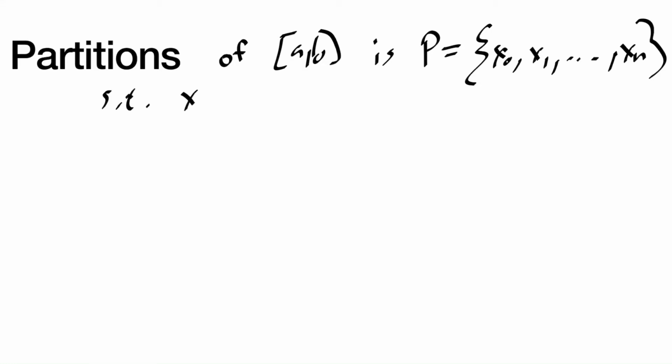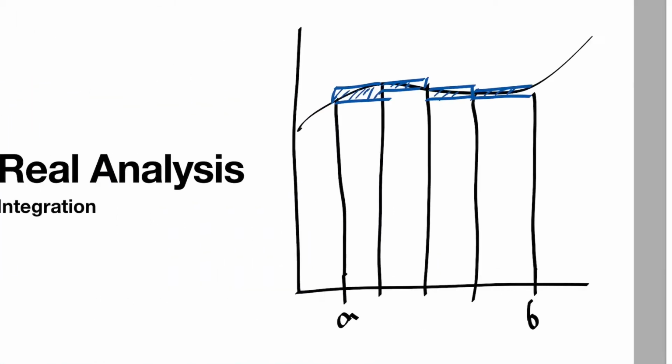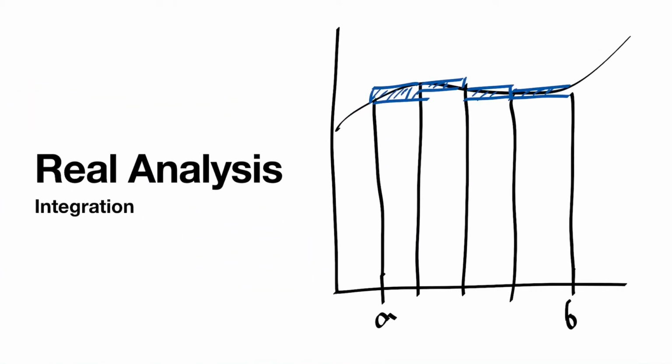The important thing is that x0 is equal to a, and that is less than x1, which is less than x2, which is less than, and so on. We want each point to be getting strictly bigger until we get to the other side, which is b.